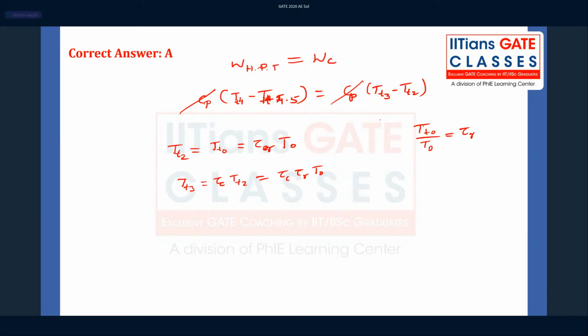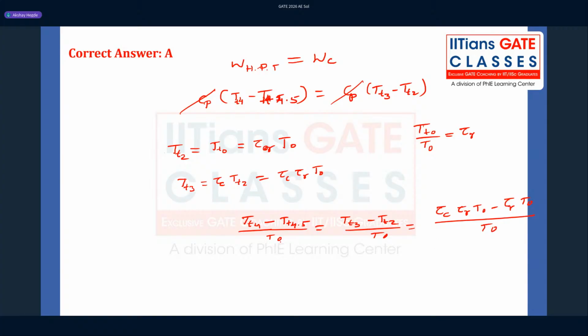Now divide this entire expression by T naught, to get (Tt4 minus Tt4.5) divided by T naught equal to (Tt3 minus Tt2) divided by T naught, which is (tau c tau r T naught minus tau r times T naught) divided by T naught.